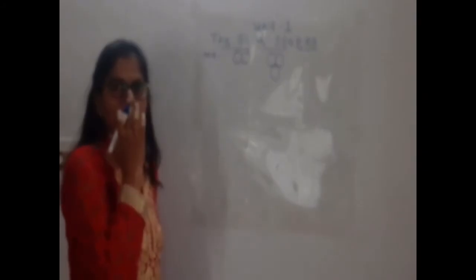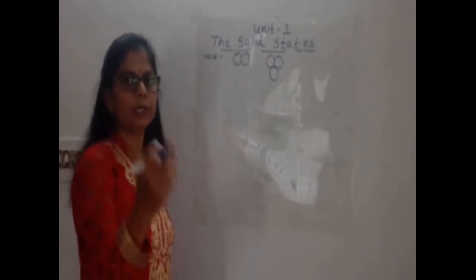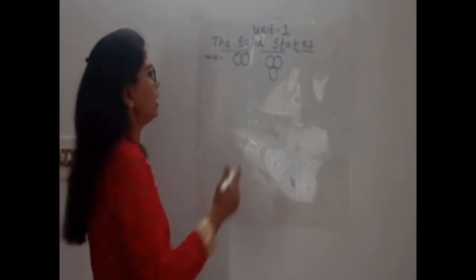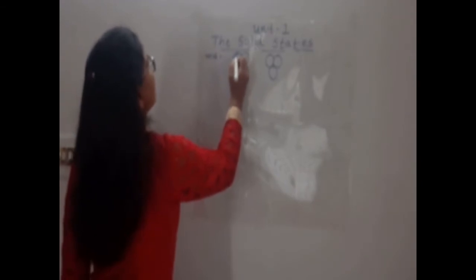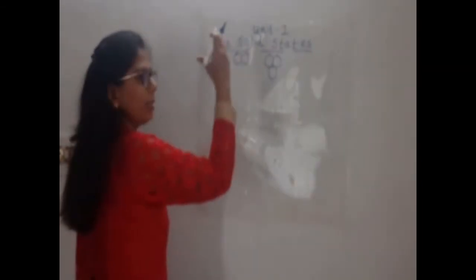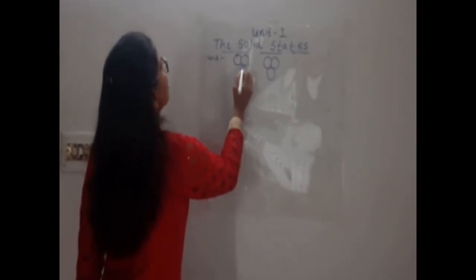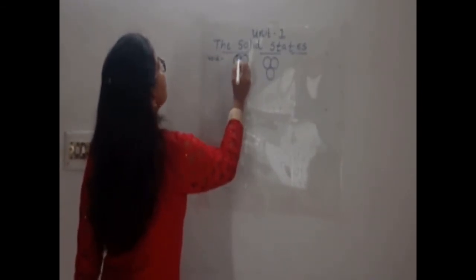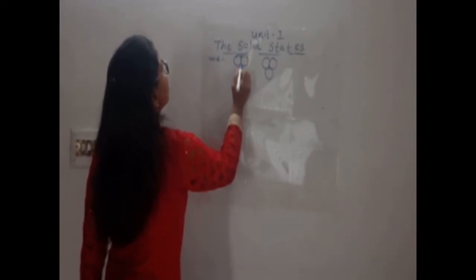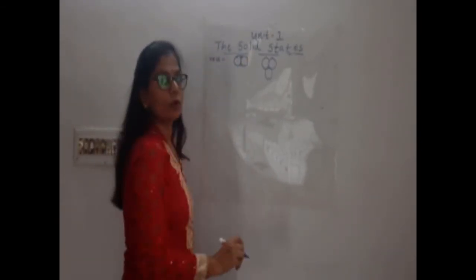See students, here I have drawn two different ways of arranging the lattice points. As we know, they are in the plane or the space. Here this much space is remaining, here also this much space is remaining, so that is known as void.